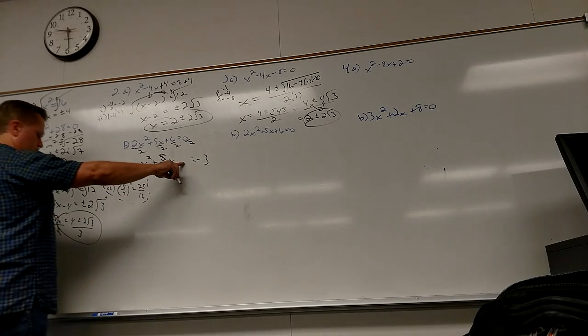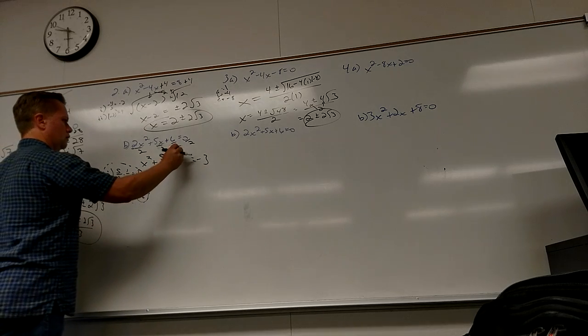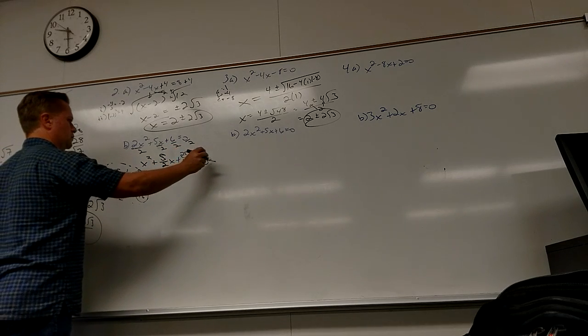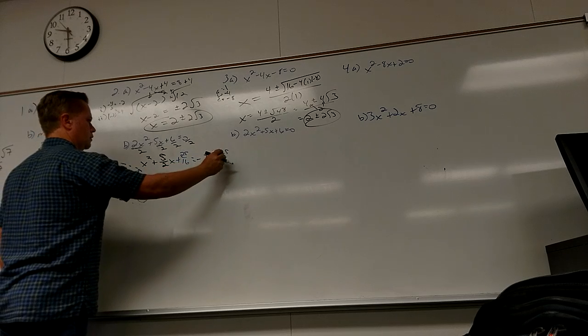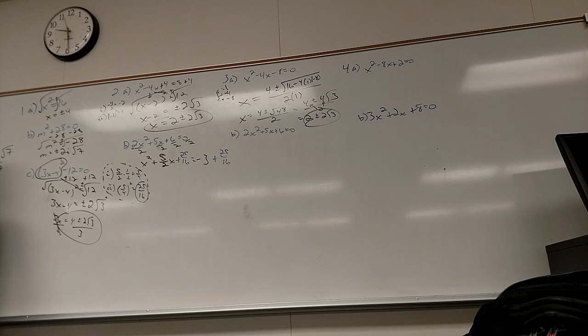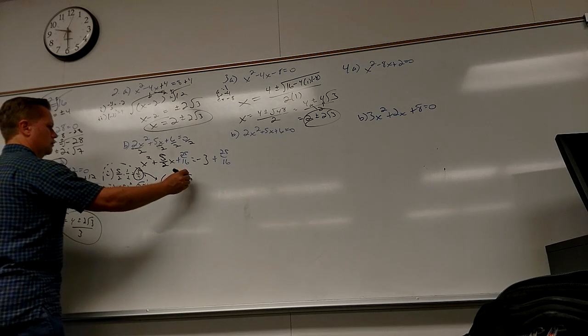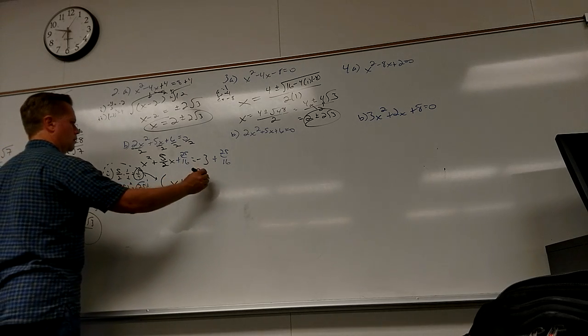What goes here? 25 over 16. Yeah, so that goes here. If it goes there, it better also go there, right? Can't change one side without changing the other. And then this guy goes there.